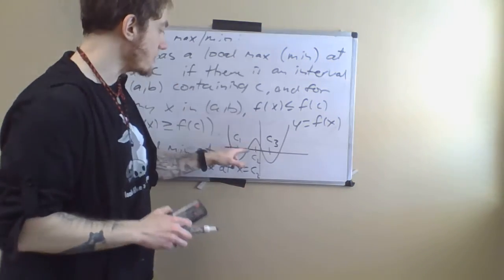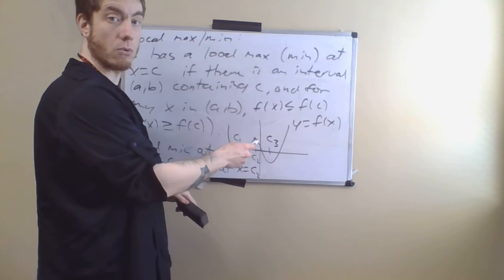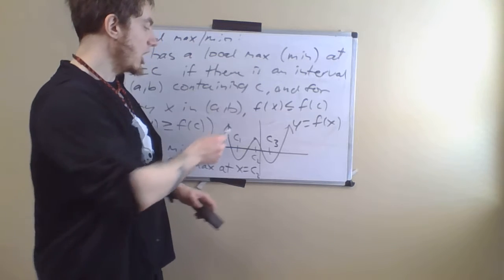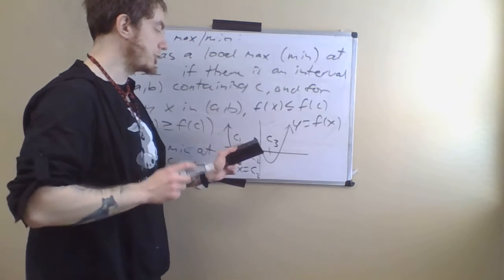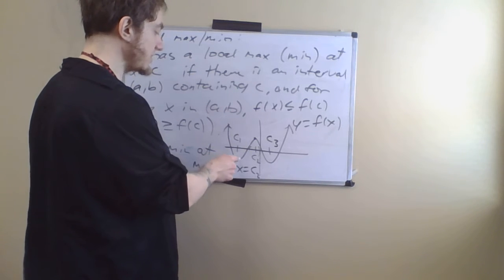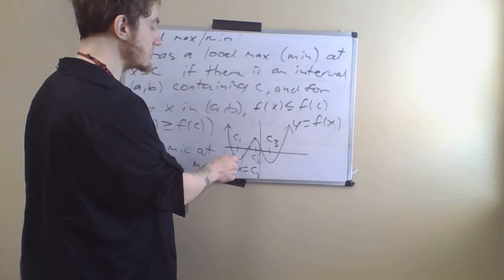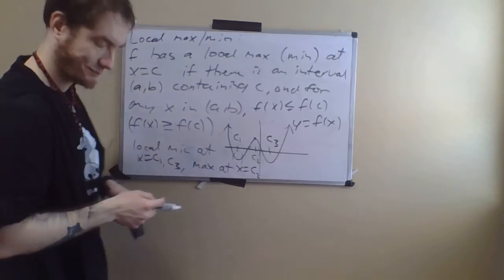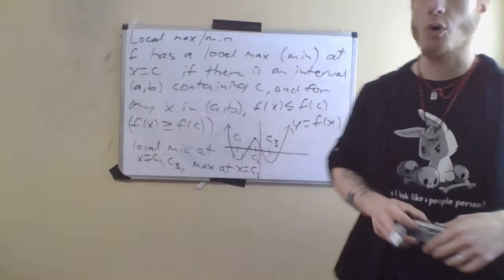Now, globally, of course, it gets much bigger than it does at C2, because this goes up in both directions towards infinity. But on some open interval near C2, it achieves a peak at C2. And around C1, it achieves locally a minimum, because near C1, it's bigger on both sides. So this is the idea of having a local maximum or minimum.